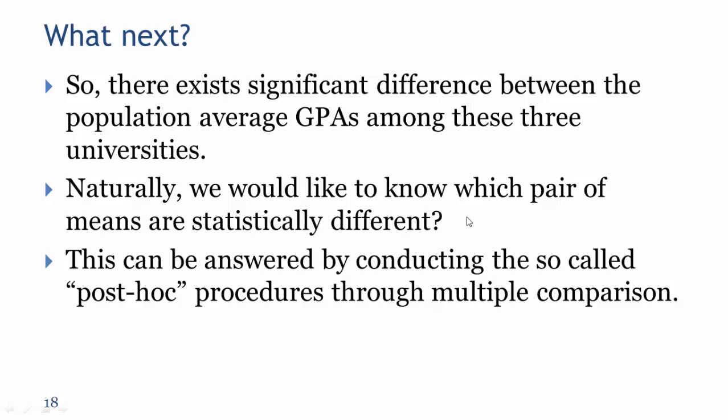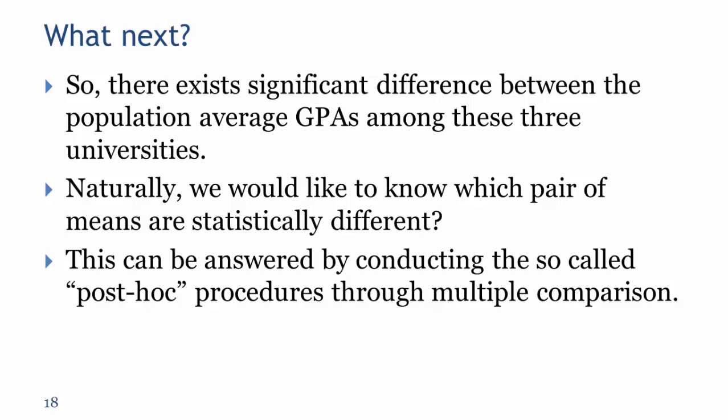So the ANOVA test only tells you that there is an overall difference between them, but if you want to know which pair or which one of the population means is different, we have to carry out the so-called post hoc tests or post hoc procedures through multiple comparison. And Bonferroni's method and Tukey's method are two of the commonly used multiple comparison procedures, which you will learn in some other courses.